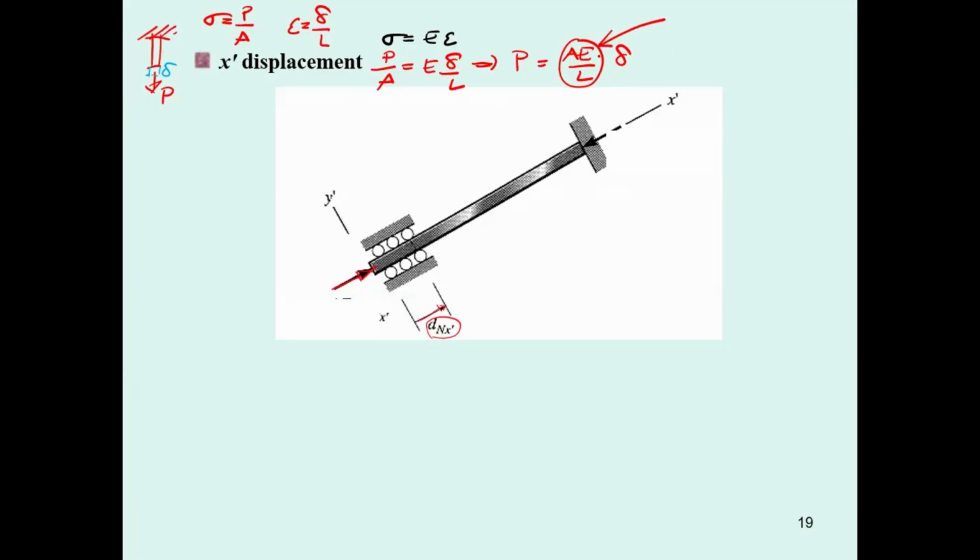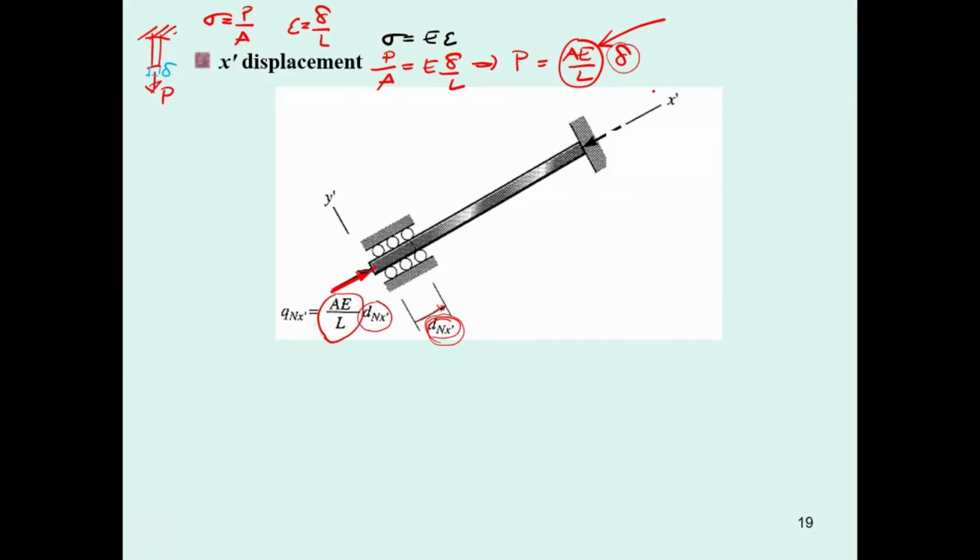Then coming over here, due to this deformation, put this deformation over here, so the force here can be determined. If you use 1 millimeter times AE over L, you will know the force over here to be AE over L times the deformation.